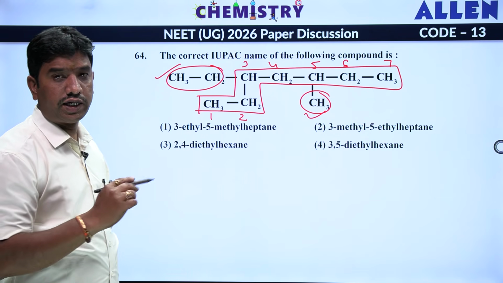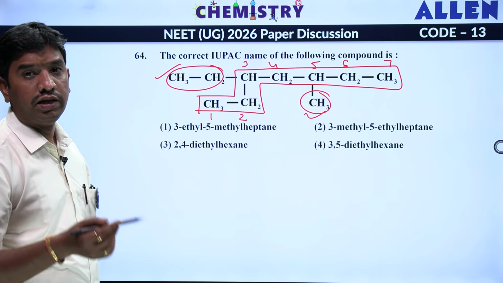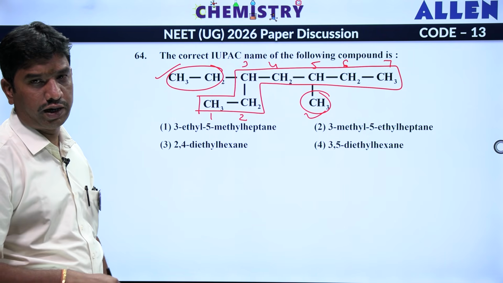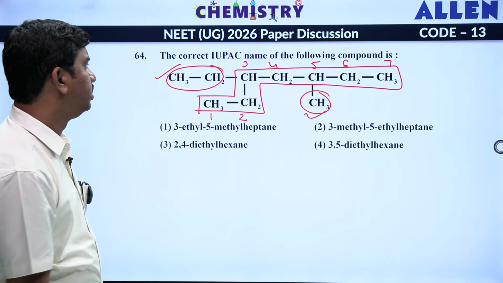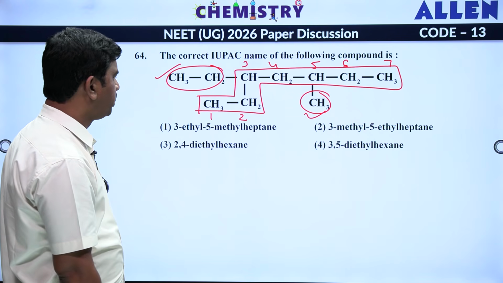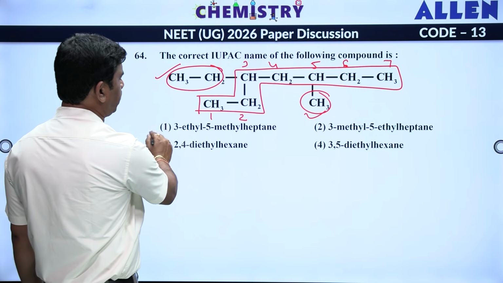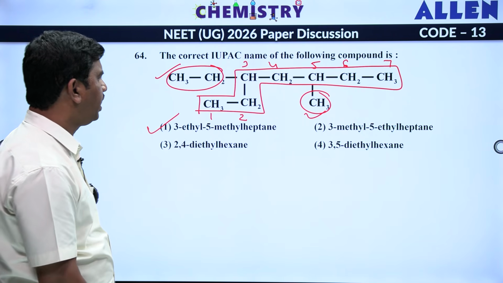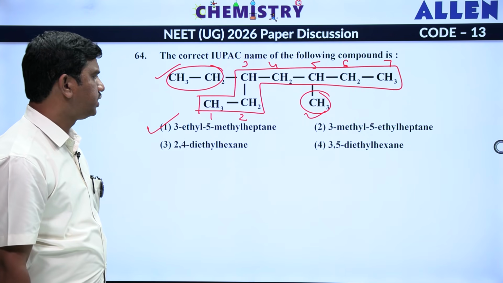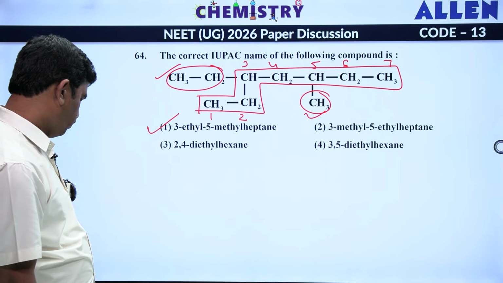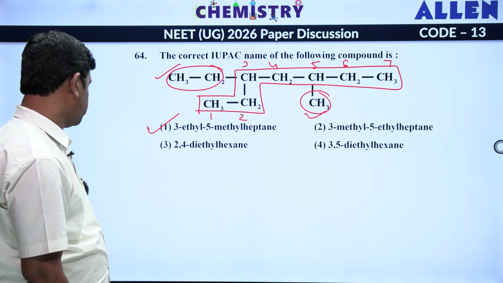Whenever both sides give equal priority, alphabetical order gets first priority, so ethyl gets first priority. So 3-ethyl, 5-methyl heptane. The first option is the answer for question 64.